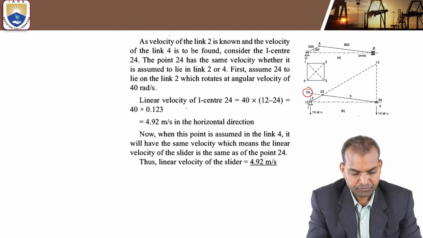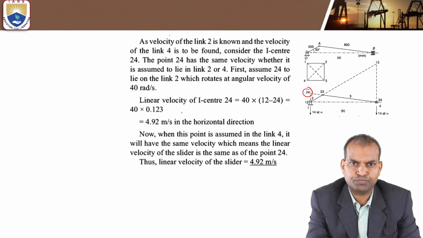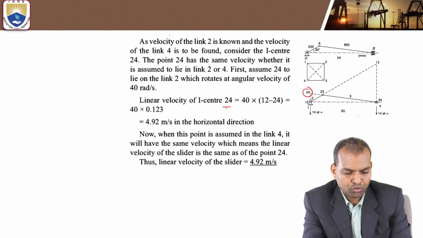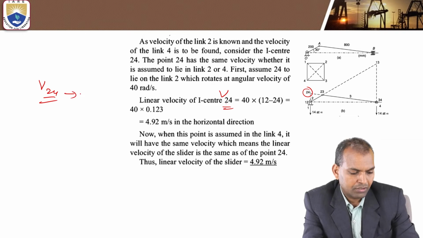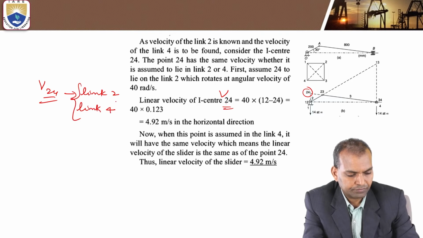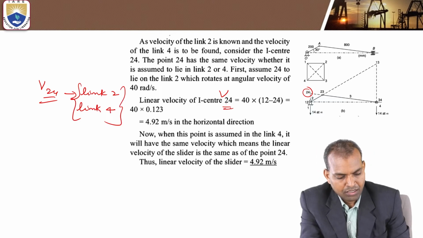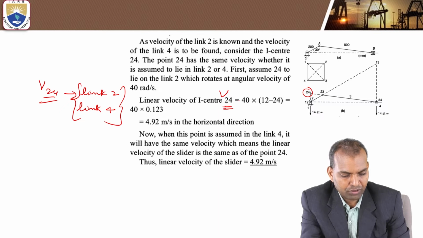So we know the angular velocity of the link 2. V24, this I center 24, is the common I center of link 2 and link 4. Okay, so V24 equal to, what is the distance?